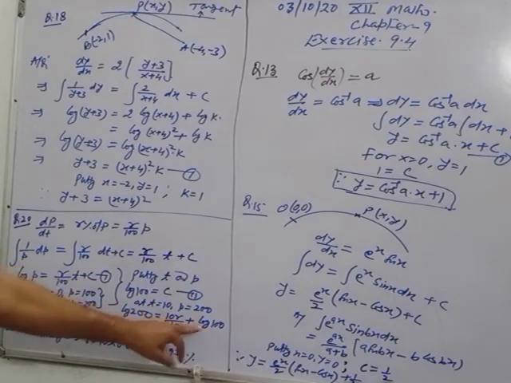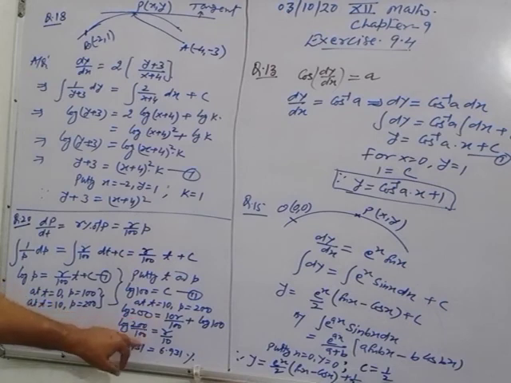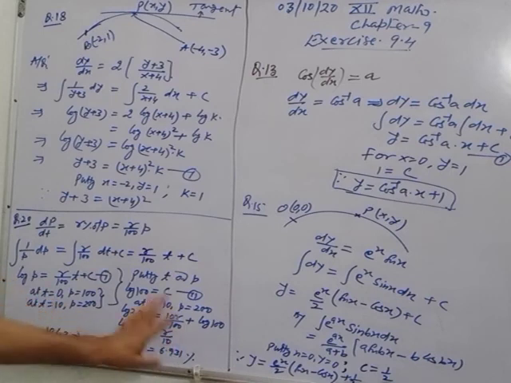So log 100 transferring to the left side. On the left side you will have log 200 minus log 100, and log m minus log n is log of m by n. Directly you can write, m is 200 and n is 100, so 200 by 100. And on the right side is 10 R by 100, that is R by 10.